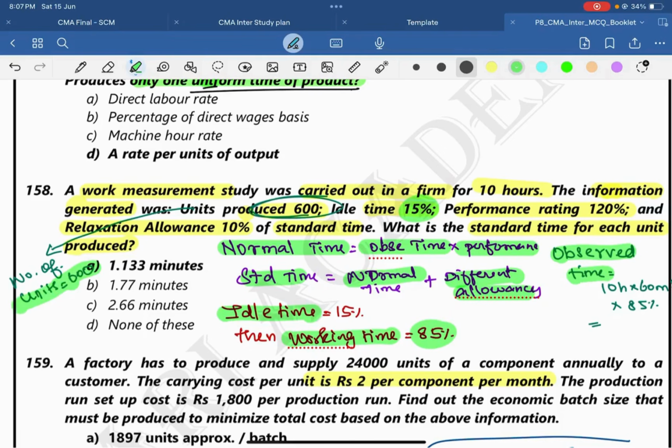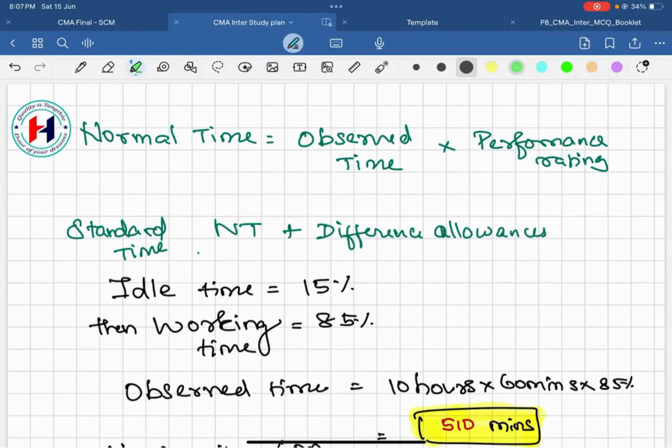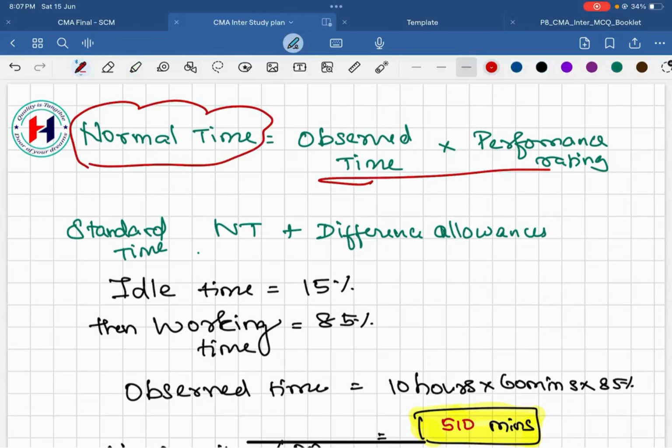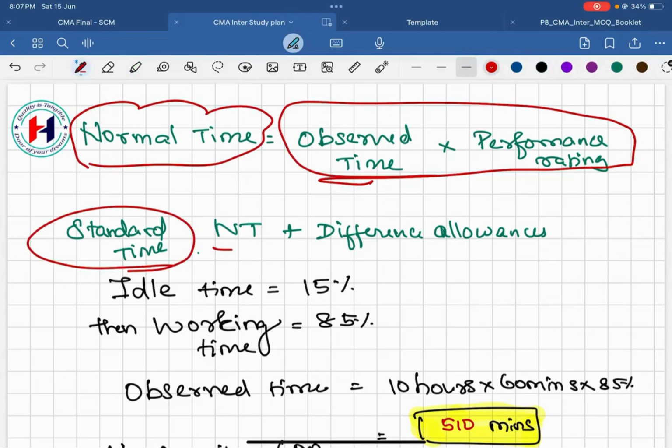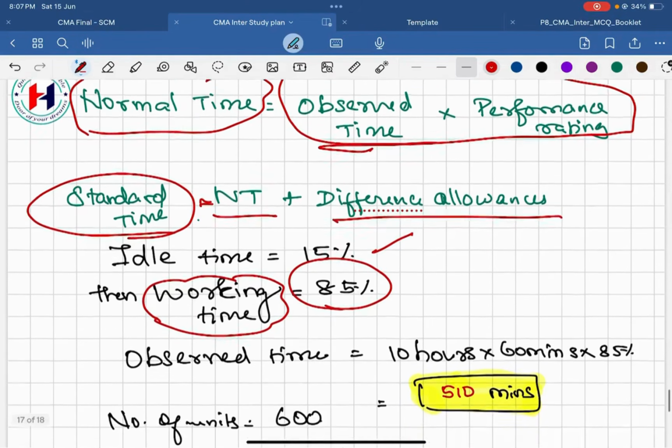Number of units they have given is 600 units. Normal time is observed time into performance rating. That's the first formula. What is the standard time? Standard time is equal to normal time plus allowances. What is the idle time? 15%. Then what is the working time? Remaining 85% is the working time.